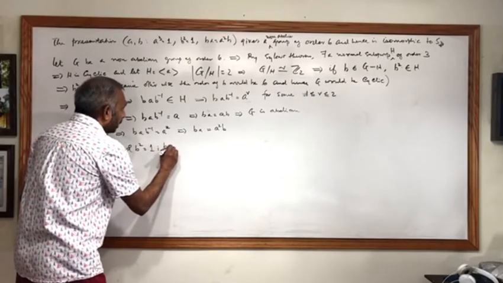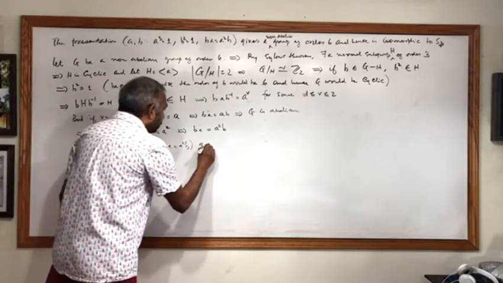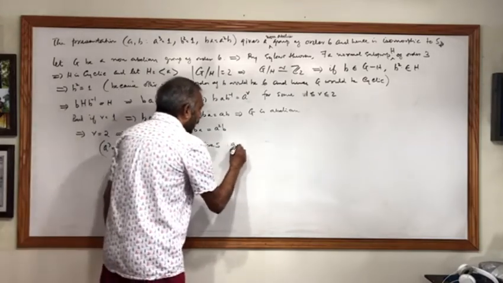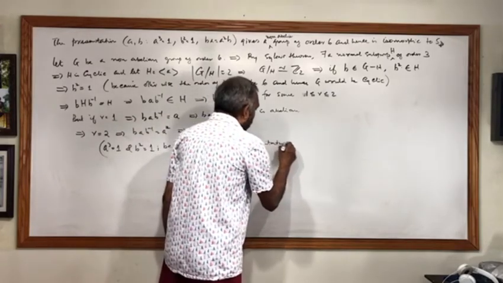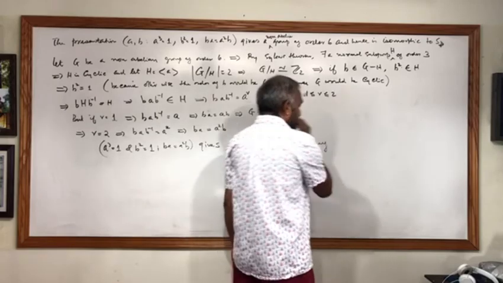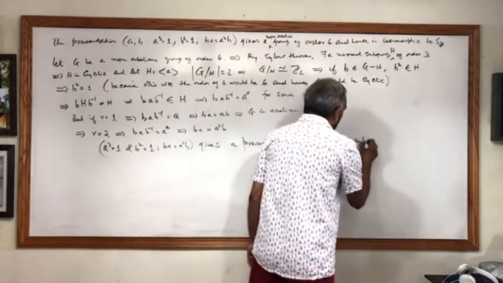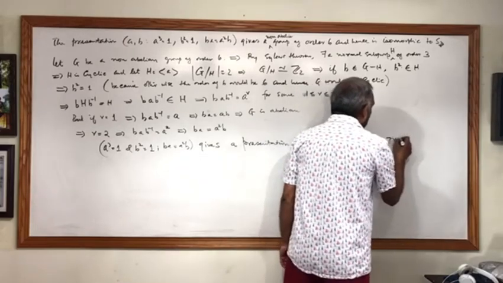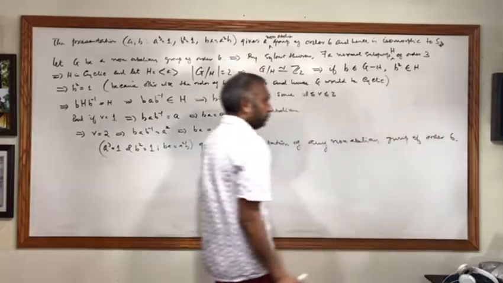A cube equal to 1, B square equal to 1, BA is equal to A square B gives a presentation of any non-abelian group of order 6.